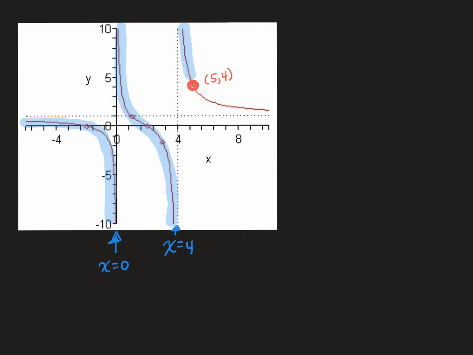Now I have to pick up my pencil and go around the hole. I have to jump over the hole in that graph. So I have another spot in my graph where I have to pick up my pencil, and that's at x equals 5. That's another spot in the graph where I have to pick up the pencil, okay, and then continue on. So if I continue tracing on this graph, now I could keep going forever.